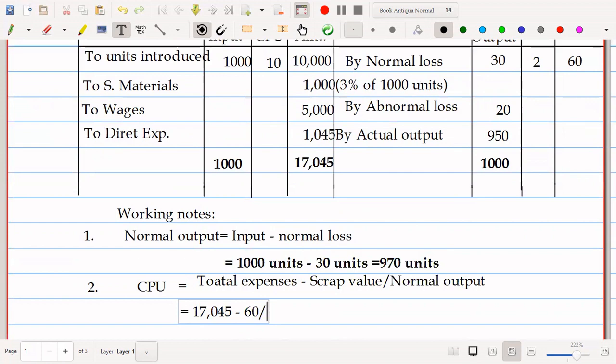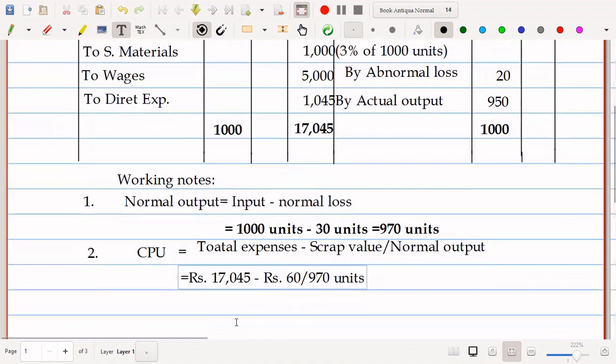Normal output is 970 units. These are rupees here, we have to write rupees. When we divide this, it comes to rupees 17.51. So this is the CPU.